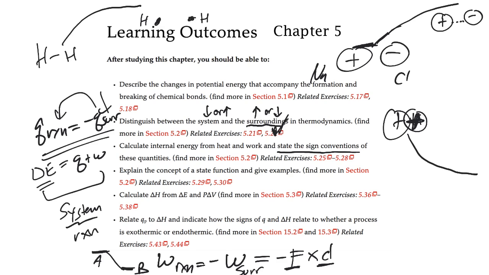So you might end up with these negative signs, the idea being that if a reaction is putting the surroundings into motion, the reaction is losing work, and W has a negative value, less than 0. Then if the surroundings are doing work on the reaction, the reaction's work is positive, it's gaining work, and the surroundings are losing it.